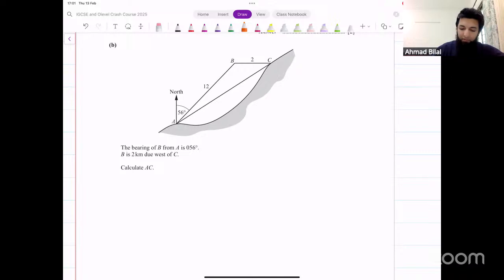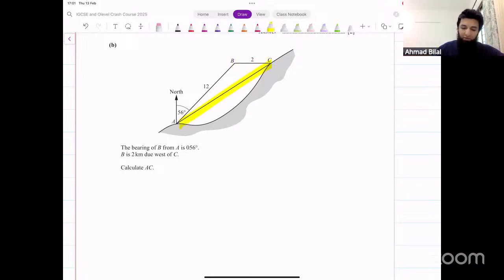All right. So we have this information given. We have this angle, which is 56 degrees. And we are given that this side is 2 and that this side is 12. This is a horizontal line. We need to find the length of AC somehow.